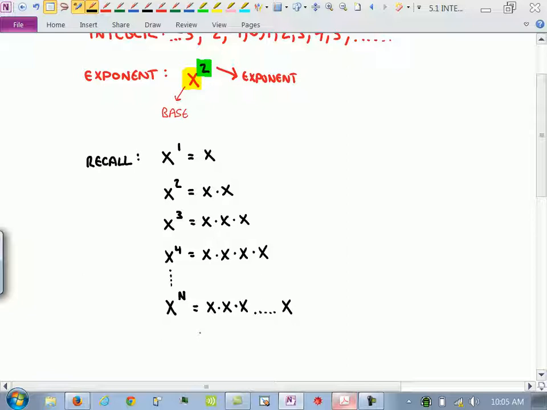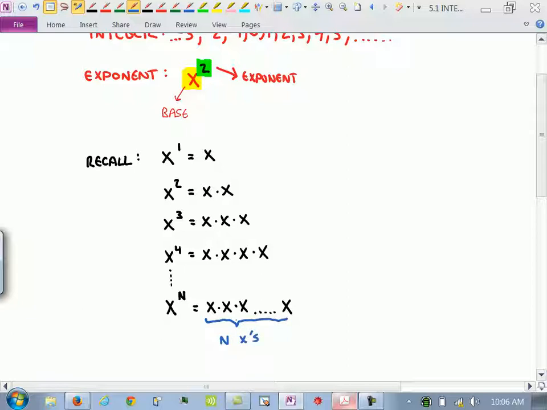The next one would be fifth, and I'd have 5 x's. Then 6 would be 6 x's. But if I have x to the n, how many x's would that be?